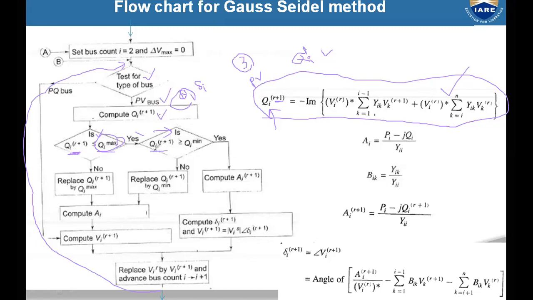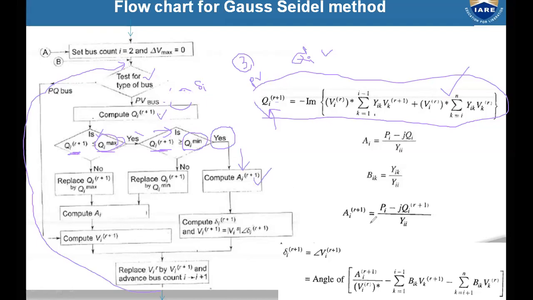Another condition, is Qi^(r+1) greater than or equal to the Qi minimum value? If you check these two, you will know whether your Qi calculated value is within limits or not. If it is within limits, then you have to compute the Ai^(r+1).